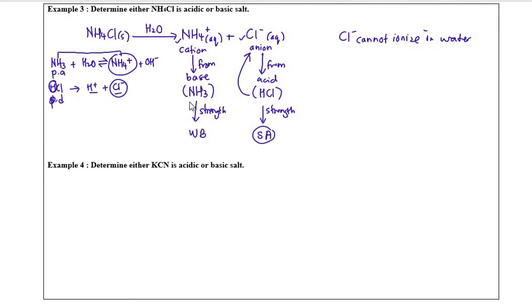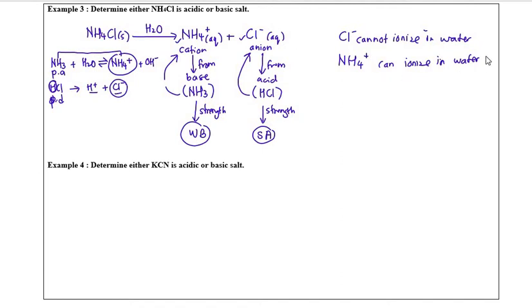This ammonium comes from your weak base. So we conclude this ammonium ion can ionize in water, because this ion comes from your weak base. Only the ion from the weak one can ionize in water, either weak base or weak acid. As long as the ion comes from the weak one, it can ionize in water.